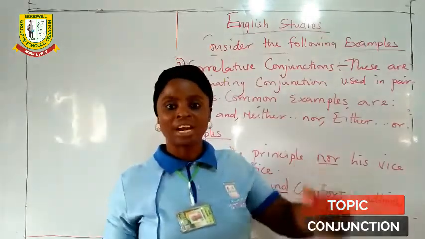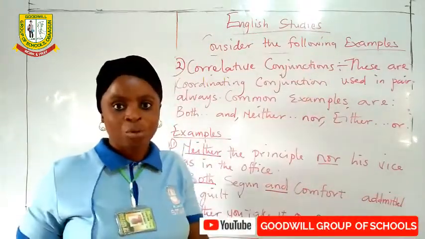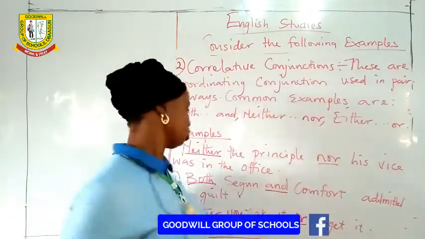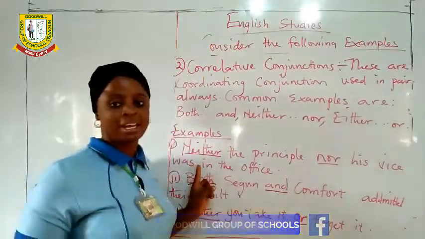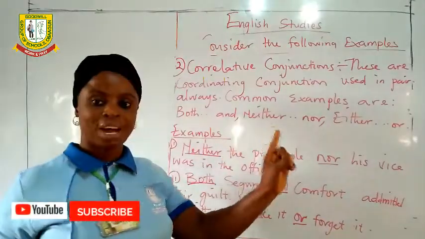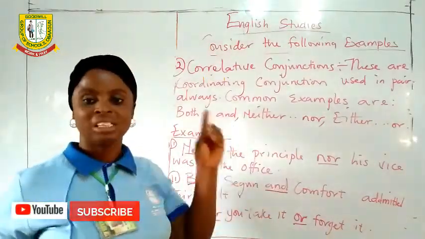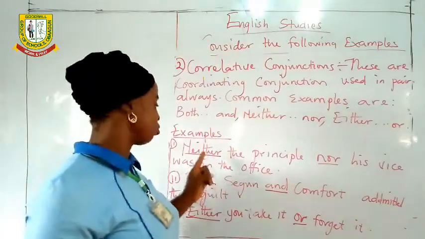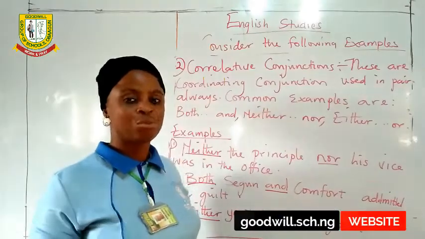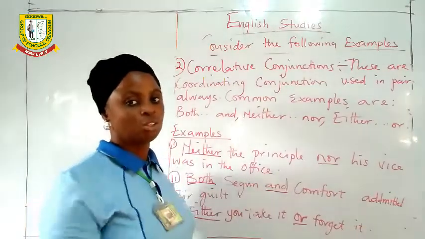So there I tried to give examples of these correlative conjunctions. Like the first example that I gave here: Neither the principal nor his vice was in the office. Neither was used with nor. So this is an example of correlative conjunction.